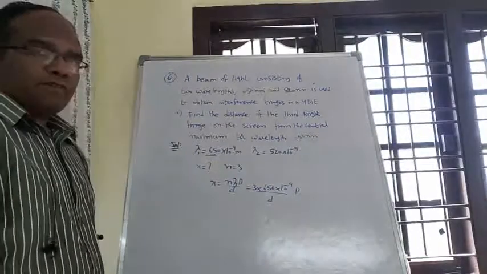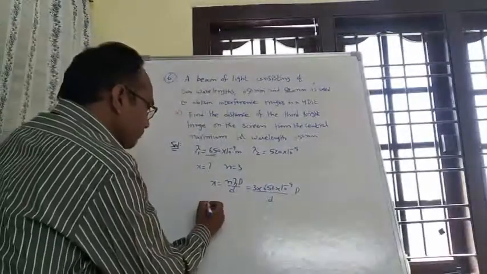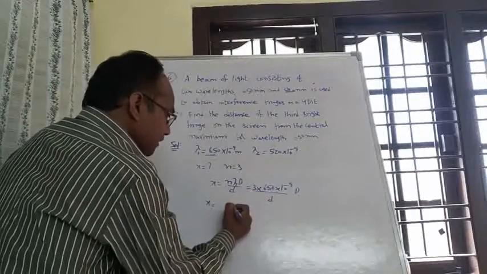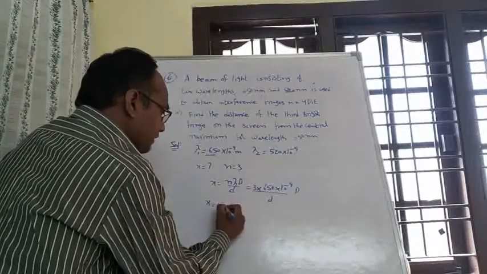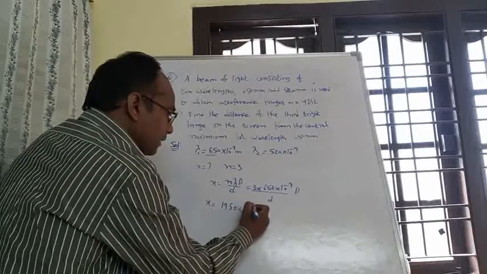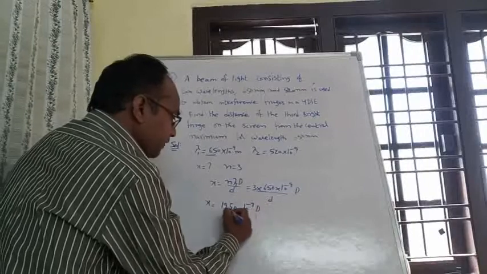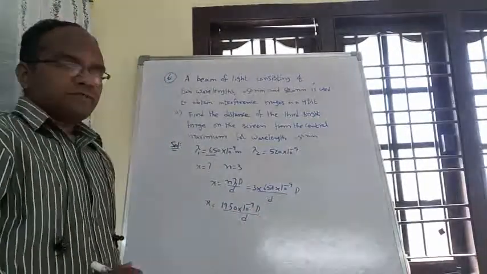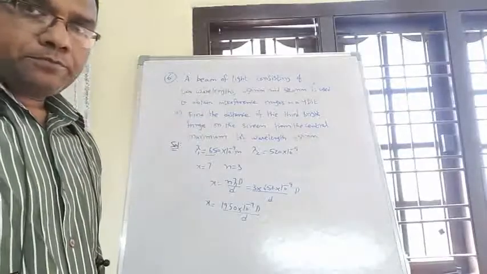So X is equal to 3 zeros are 0, 3 5s are 15, 1, 18, 19. So 1950 into 10 to the power of minus 9 into D divided by d. This is the first one, they had given the value.